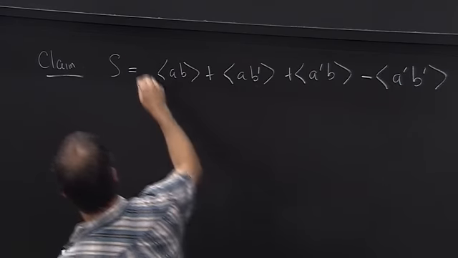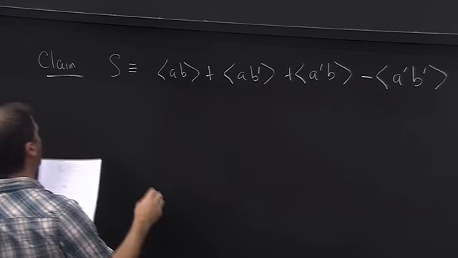We define that to be a quantity S, and then the claim is that S is bounded by 2 and minus 2. This is the CHSH inequality.